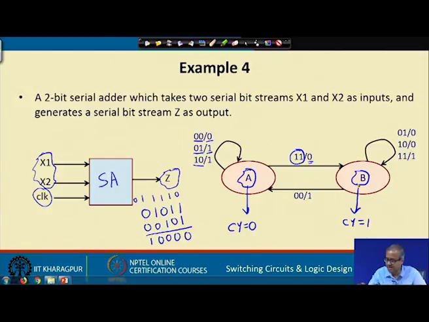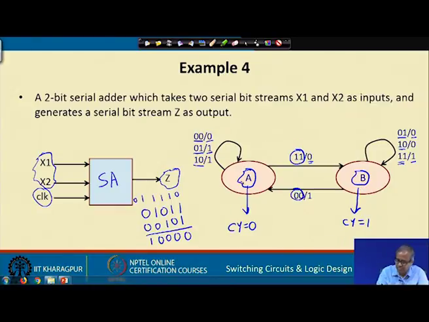And while you are in state B, the things are similar. So, if you have input 01 with a carry 1, then the sum will be 0 and carry will remain 1, 10 also sum will be 0, carry 1, and if it is 11, sum will be 1, carry will also be 1. But only when the inputs are 00, there will be no carry.